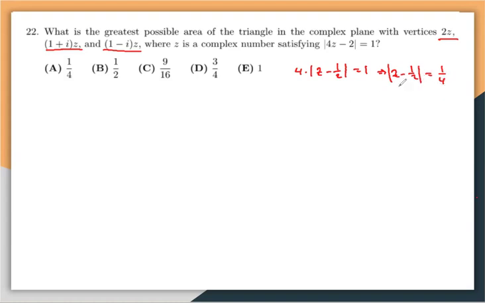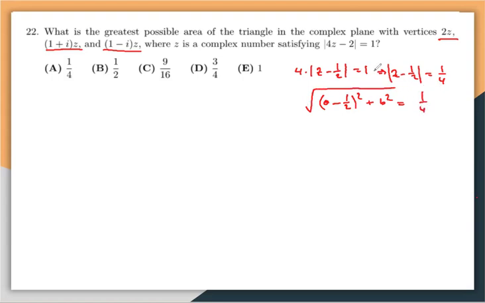If you don't see it immediately, you can always say z is a plus bi, and then you can say a minus 1/2 to the second power plus b square, the square root of this guy, is equal to 1/4.